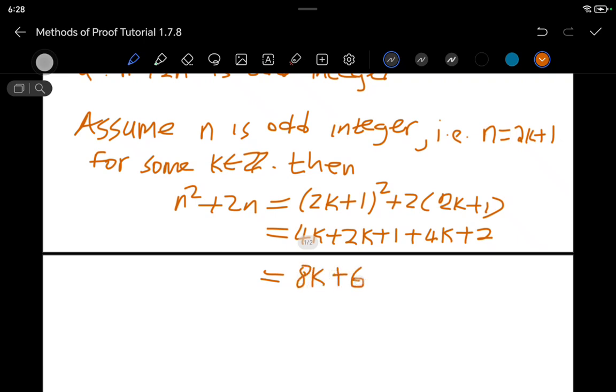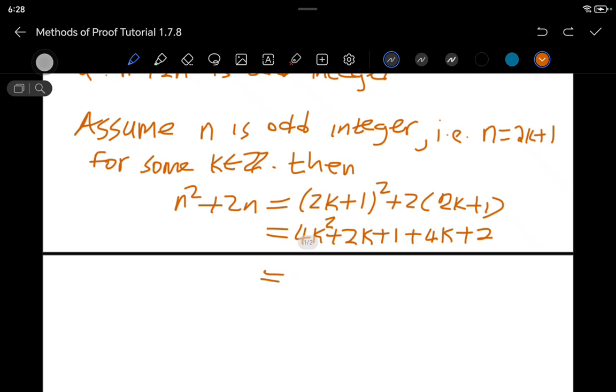Then this will be, why am I, this one is squared, and this is 4k squared plus 6k plus, is it 6k? Oh, I see, I made a mistake here.